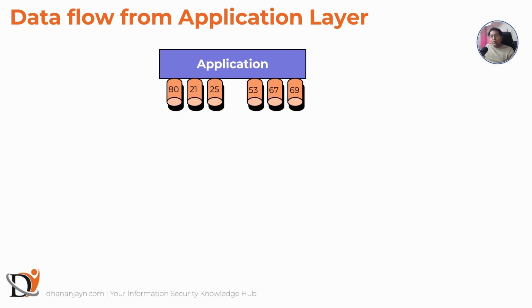Now, data flow from the application layer: after the data enters the application layer, it attaches the port number, which defines the service being used while the client is accessing a particular service, and the port on which the server should reply back.